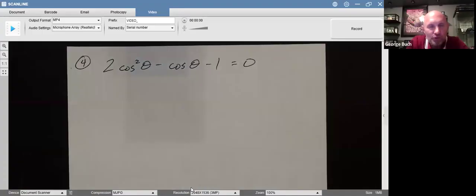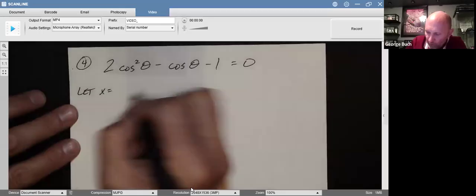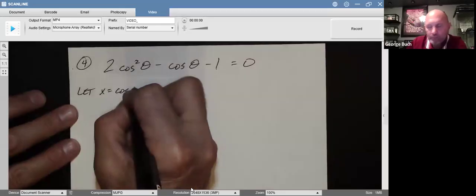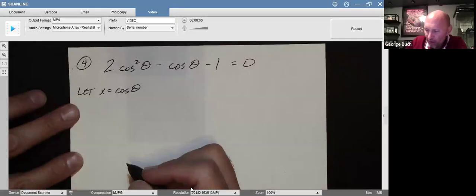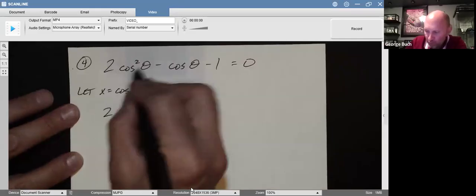So this is confusing with the cosine function. So let's do substitution. So I'm going to say x is equal to cosine of theta. So if I rewrite this guy, it's what? It's 2 cosine squared theta, which would be what?